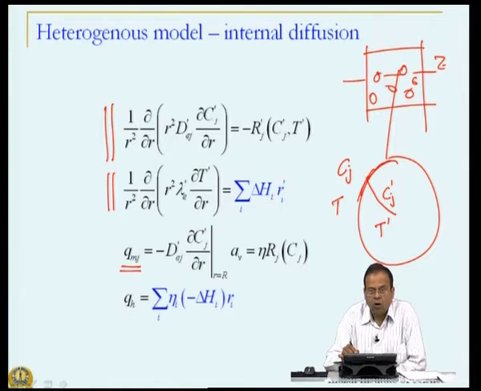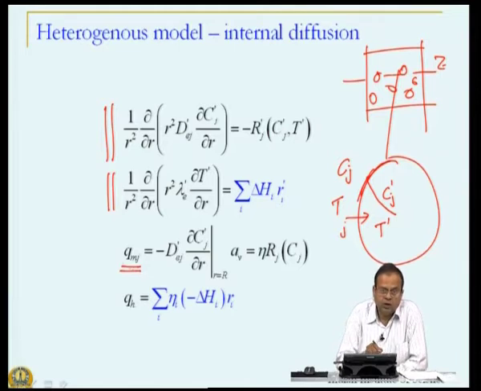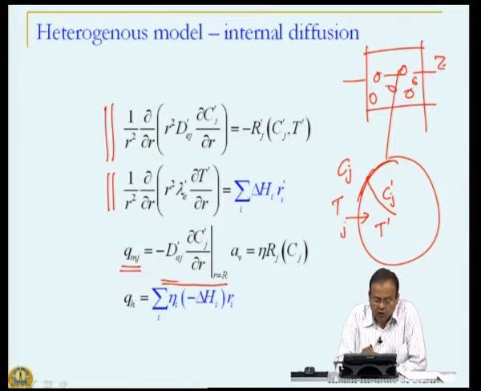So, all that we will experience if we are in the bulk is that J is diffusing in the catalyst pellet. So, the mass transfer or rate of generation of J, QMJ, must be this diffusive flux at radius R of the catalyst pellet.